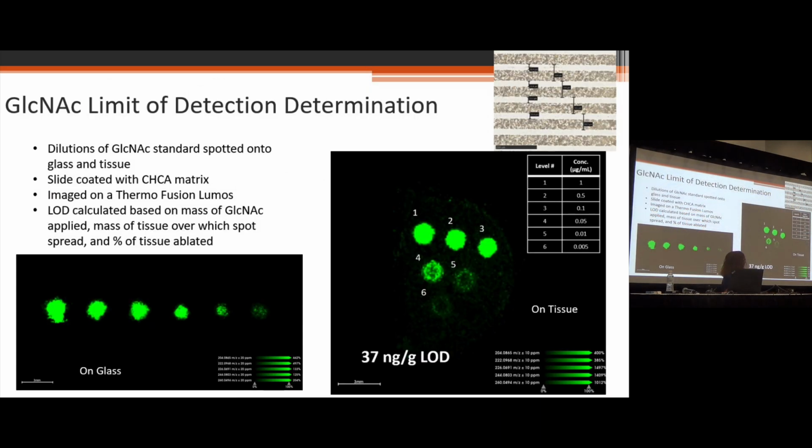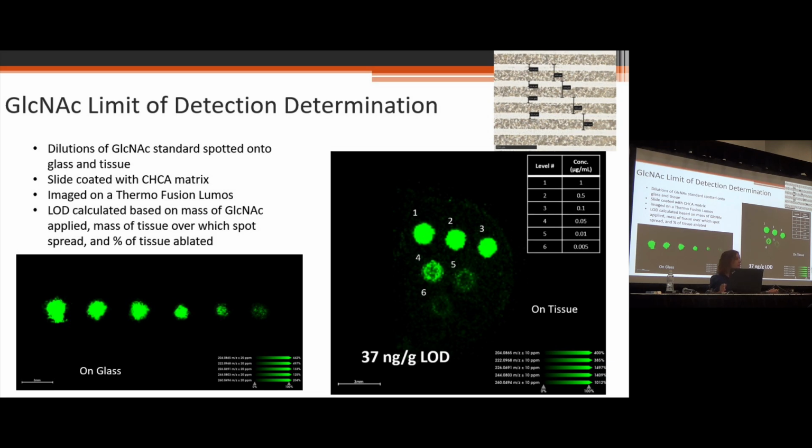So first we wanted to start out with a standard and figure out our limit of detection. And so to do this, we did a dilution series that we spotted both on bare glass and also onto some tissue that we didn't add any enzyme to. And then we imaged these spots to figure out what our limits of detection were. Ultimately, we had about a 37 nanogram per gram limit of detection on tissue.